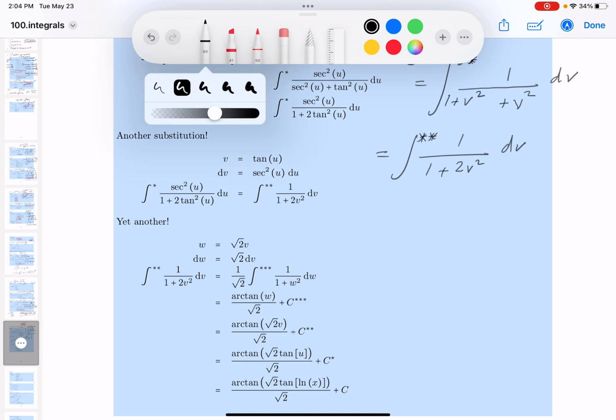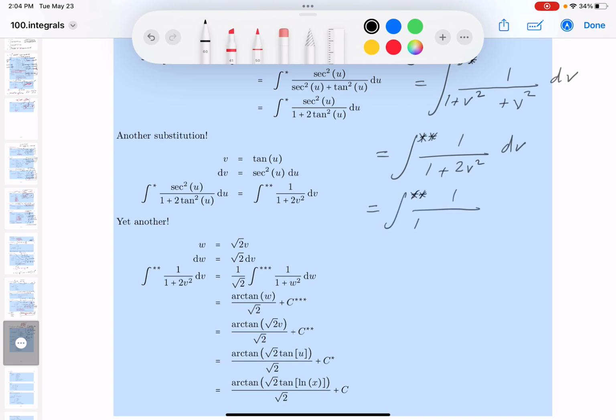And what I'm going to do, I'm going to rewrite this a little bit differently. That's going to be root 2v squared dv. And I'm going to say root 2v is equal to w. A lot of work, isn't it?